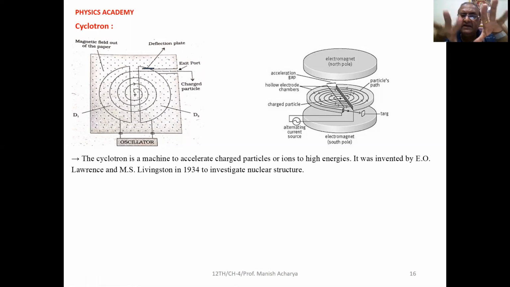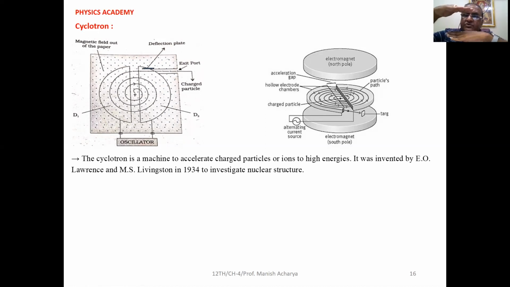This entire system is placed in an evacuated chamber. In the evacuated chamber, two magnetic poles are there. These are electromagnets with the help of which the uniform magnetic field is produced in that particular chamber.